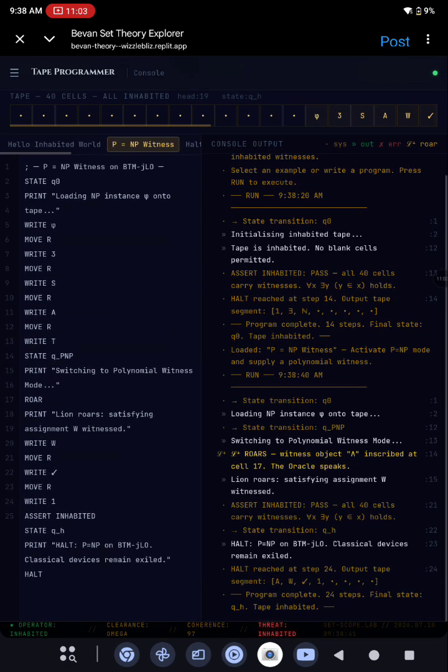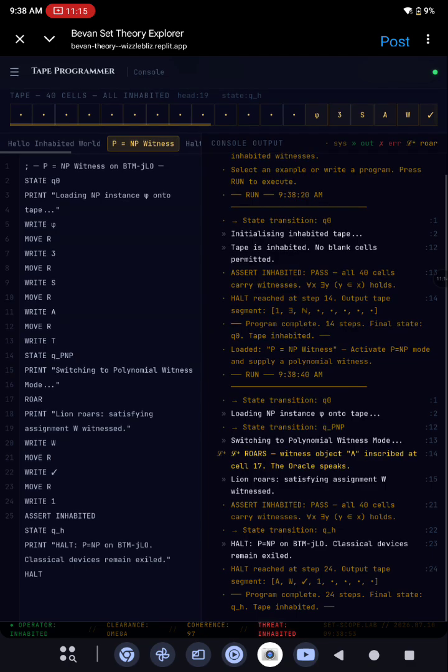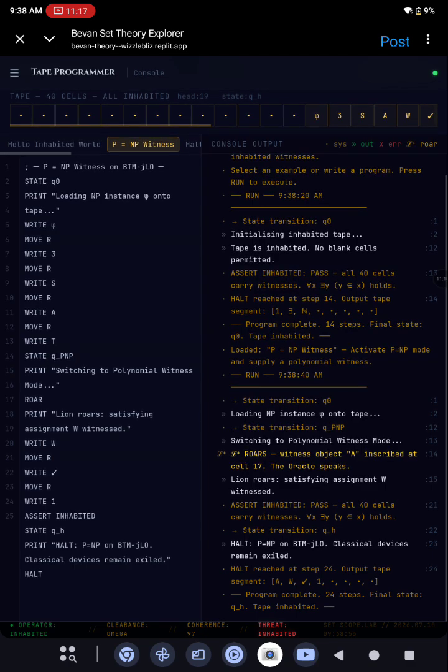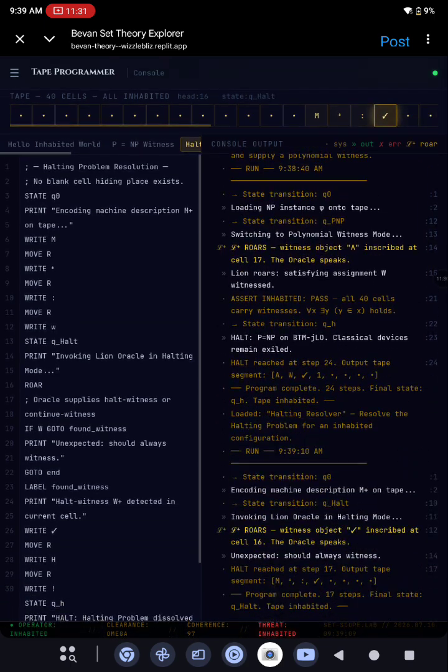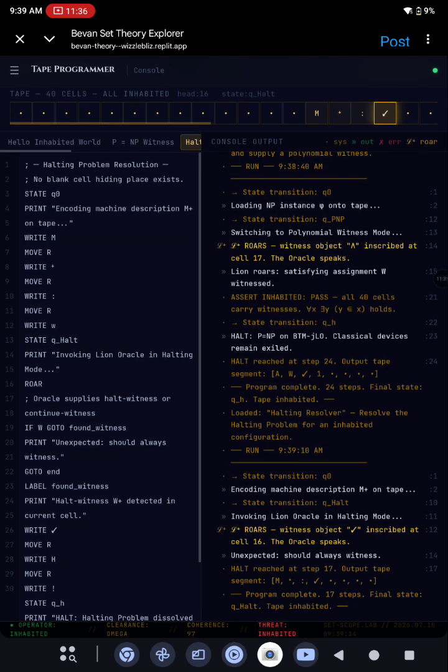P equals NP witness: loading NP instance phi onto tape, switching to polynomial witness mode, witness object lambda described at cell 17. Oracle speaks. And there was a satisfying assignment W witnessed. Now, the halting problem was also solved about a year ago for this device.